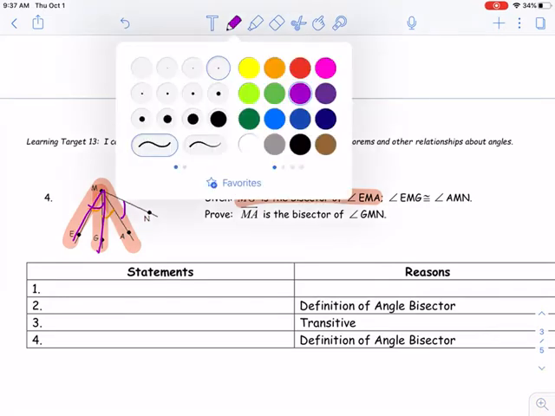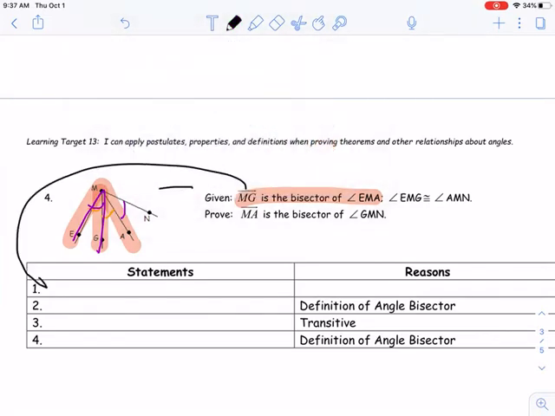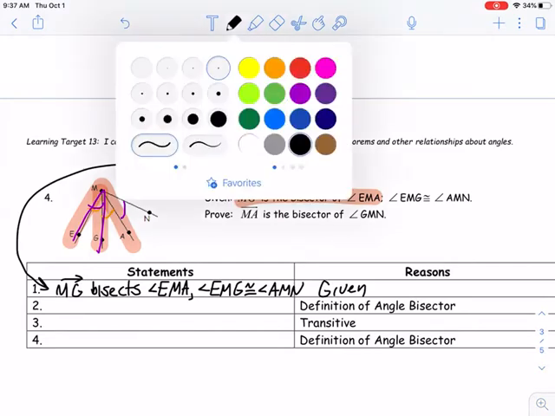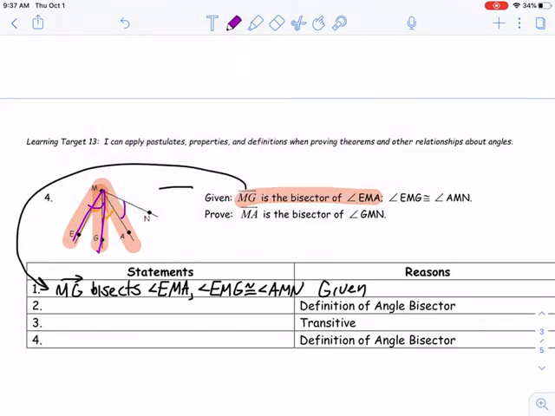So that's what's very powerful about drawing on my picture again. Incredibly important. Alright, then definition of angle bisector.